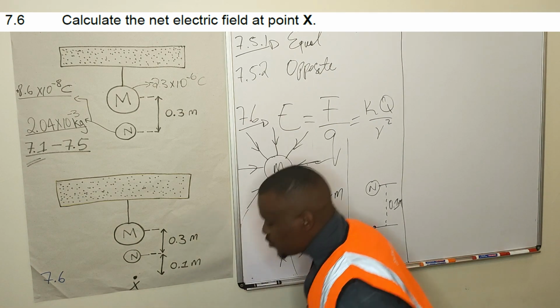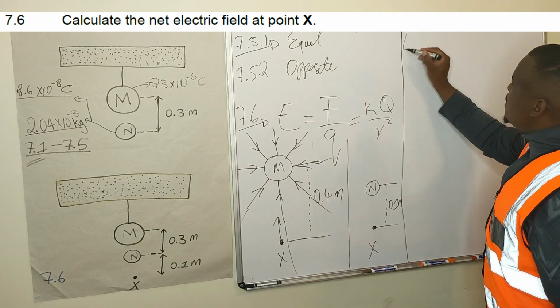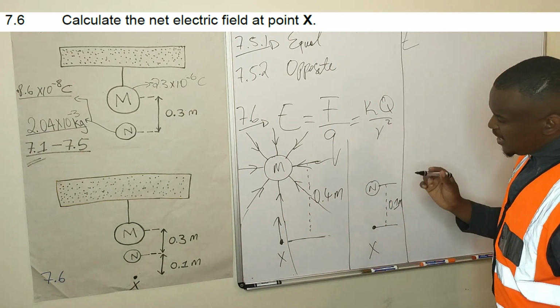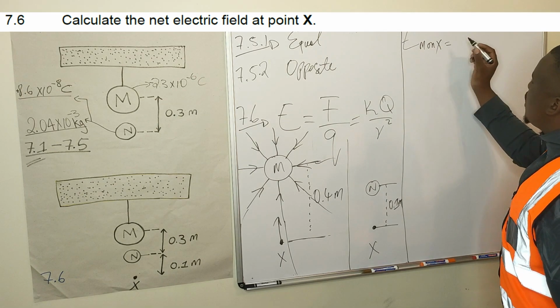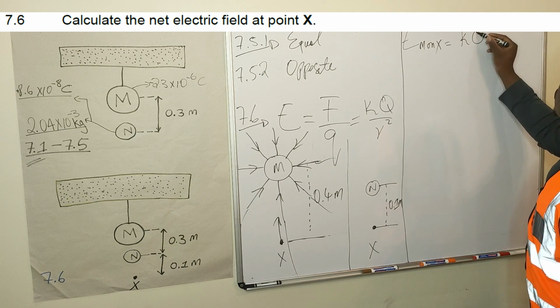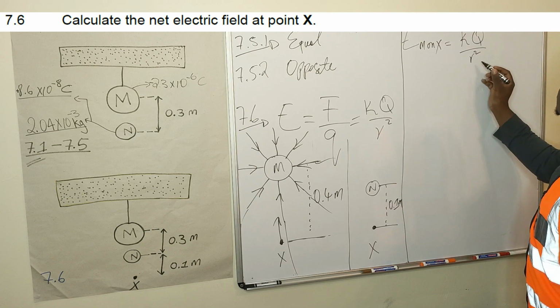So we can calculate it by saying, okay, E, the electric field of M on X, is equal to KQ over R squared.